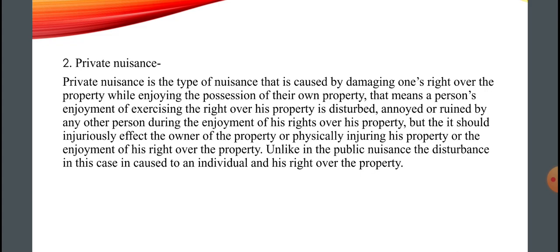But it should injuriously affect the owner of the property, or physically injure his property or the enjoyment of his right over the property. Unlike in public nuisance, the disturbance in this case is caused to an individual and his right over the property.